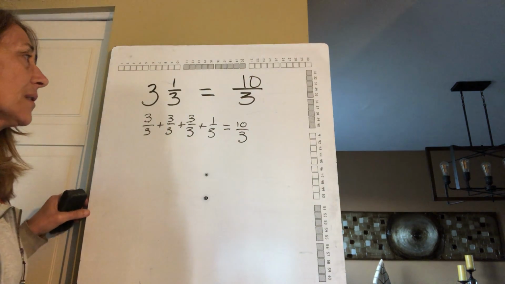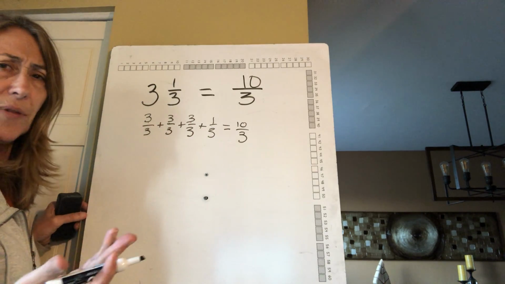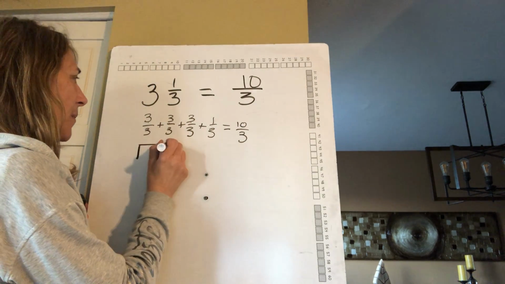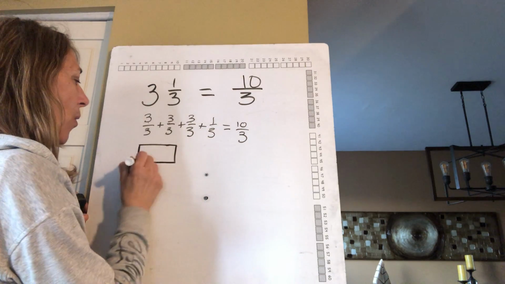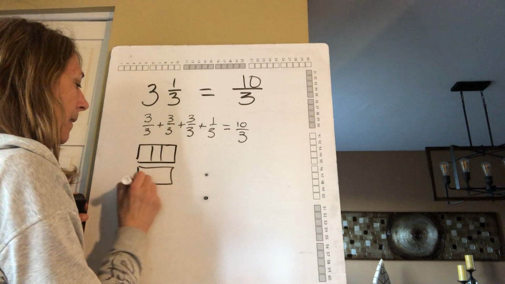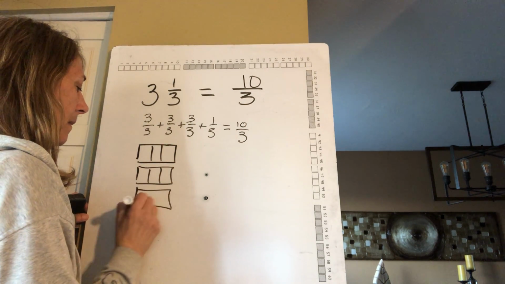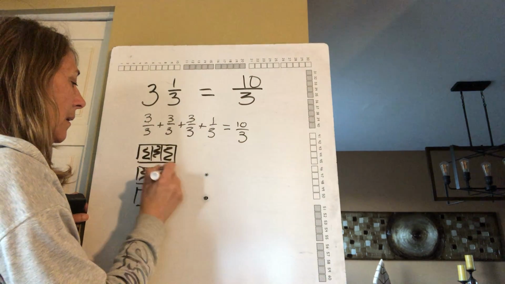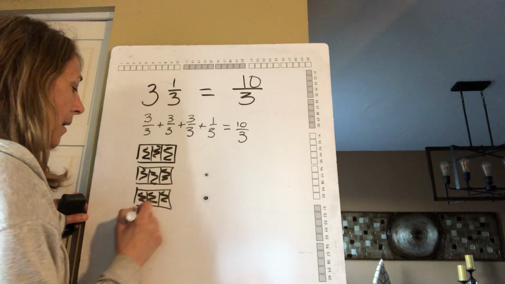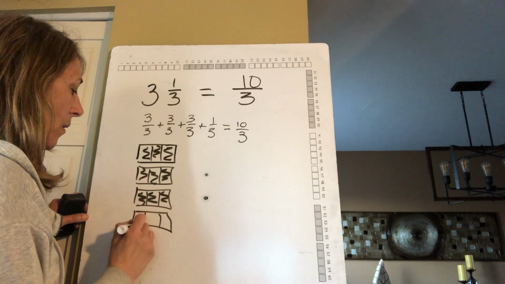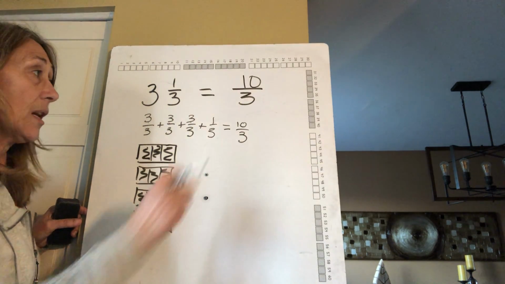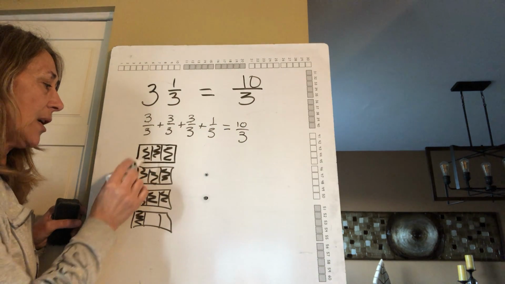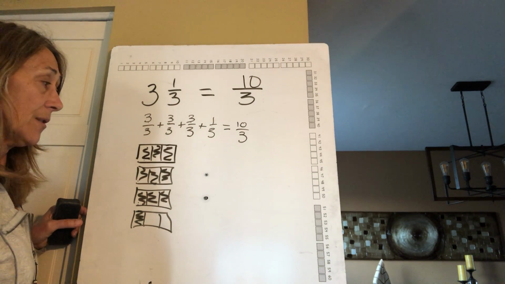10 thirds. I could show that visually as a fraction bar. 3 pieces to make a whole. Here's my 3 wholes. And then 1/3. So then if I count all my thirds, I have 3, 6, 9, 10 thirds.